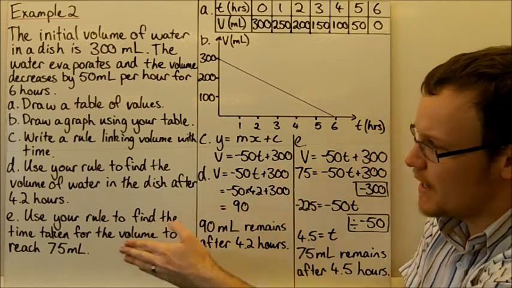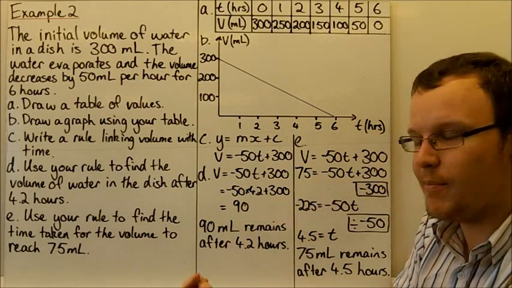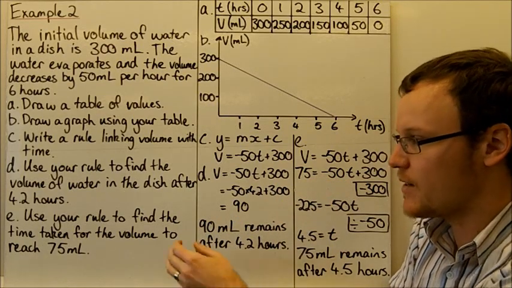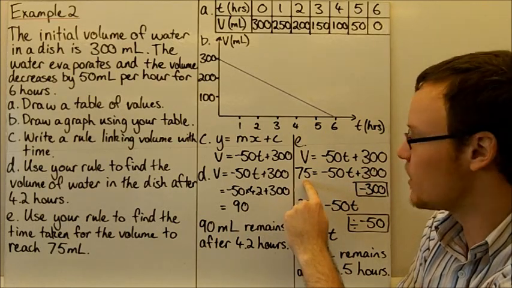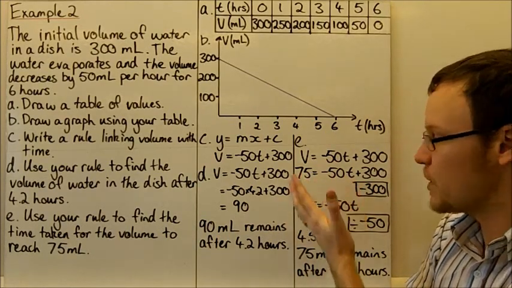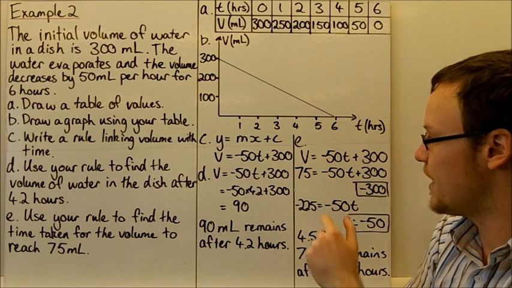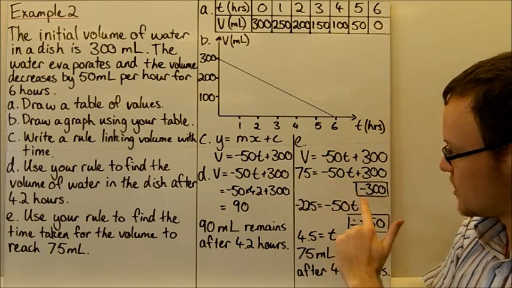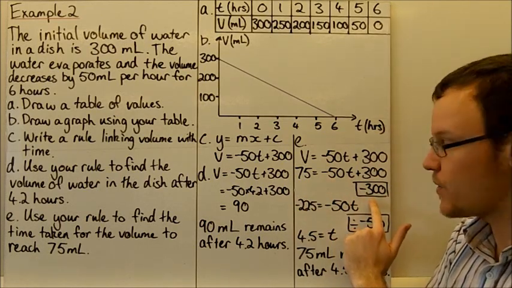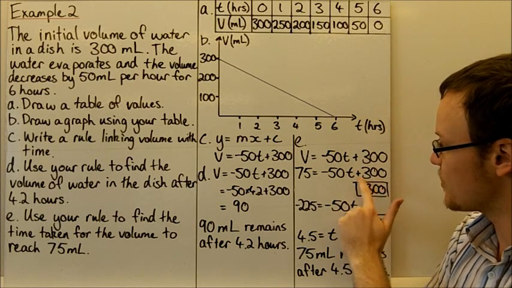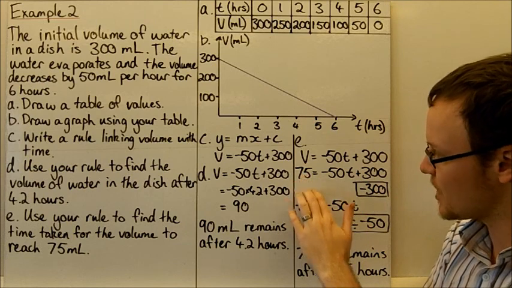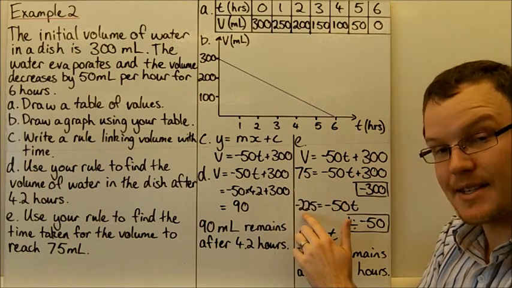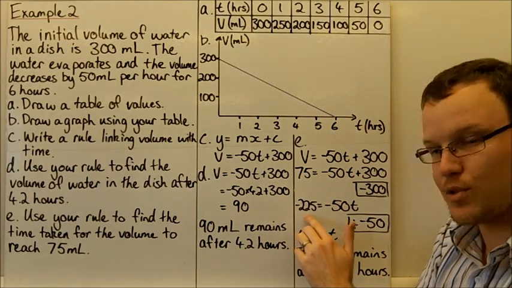For E, we're asked to find the time taken for the volume to reach 75 millilitres. So our volume is 75 millilitres. Our time, we're trying to find out. So we need to subtract 300 from both sides to remove this 300 here, and subtracting 300 from this side gets negative 225.